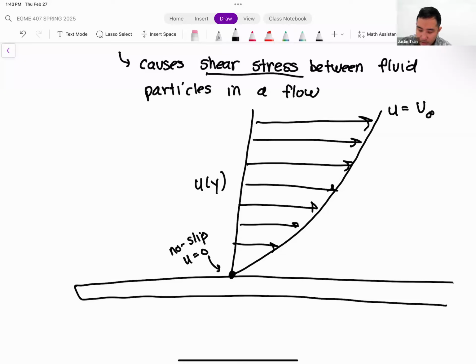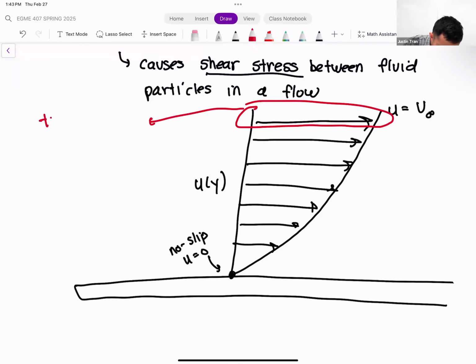All right. So what's happening here? You can almost think of this as, on the one hand, at the very top, the free stream is pulling the fluid particles along and forcing them to have a velocity of u infinity. So let's go ahead and write that down. So say top layer.